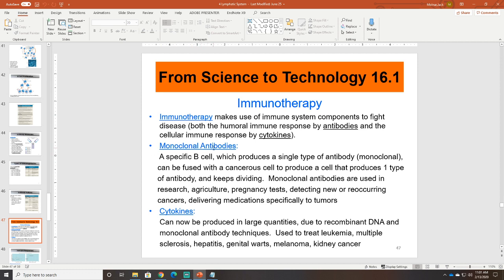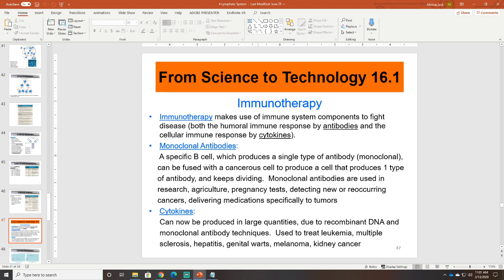They're specific for a very specific piece of a bacterium. Like the surface of a bacterium is not uniform. There are different regions, different pieces sticking out of it, and each antibody is specific for a different part of the outside of, say, a bacterial cell. Monoclonal antibodies are one type of antibody specific against one piece of a specific bacterium.